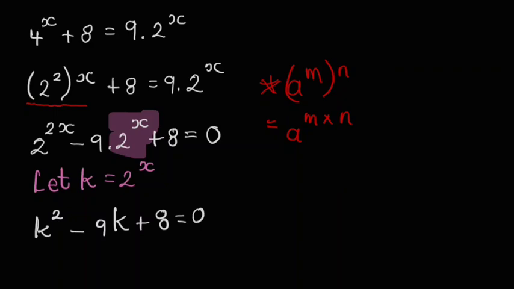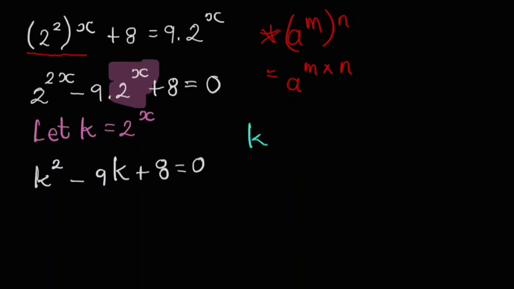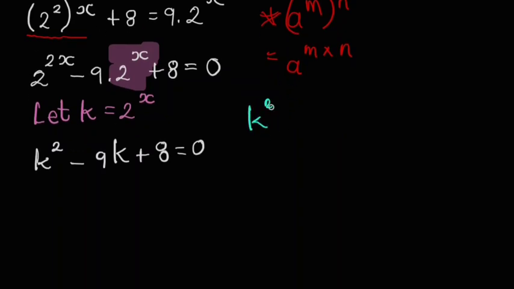And in case you're wondering, how does 2 to the power 2x become k squared? Let me just show you on the side so you have a better understanding of that. So we know that k squared is k times k. And we chose k to represent 2 to the power x.